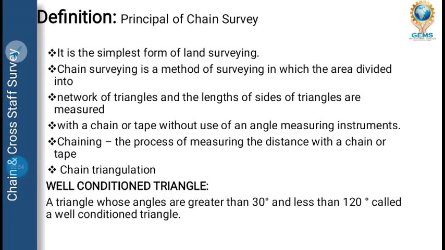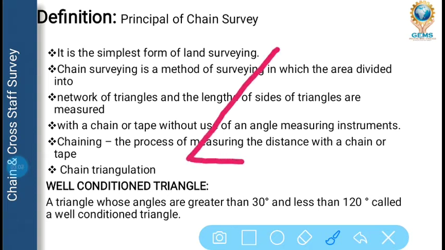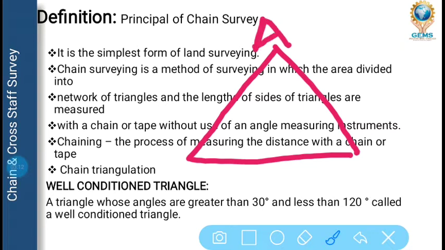Triangulation. What is triangulation? Well conditioned triangle. A triangle whose angles are greater than 30 and less than 120 degrees is called a well conditioned triangle. For example, I will help you with the diagram. Just see A, B, C. The angle is 30.